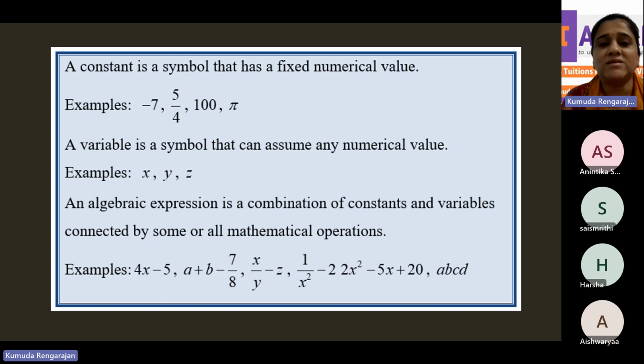So there are some features that distinguish a cat from a dog. In the same way, like animals, we have many algebraic expressions. From these many algebraic expressions, how do you select the polynomials from them? Because every algebraic expression need not be a polynomial. So which of the algebraic expressions are polynomials? How do you identify polynomials?